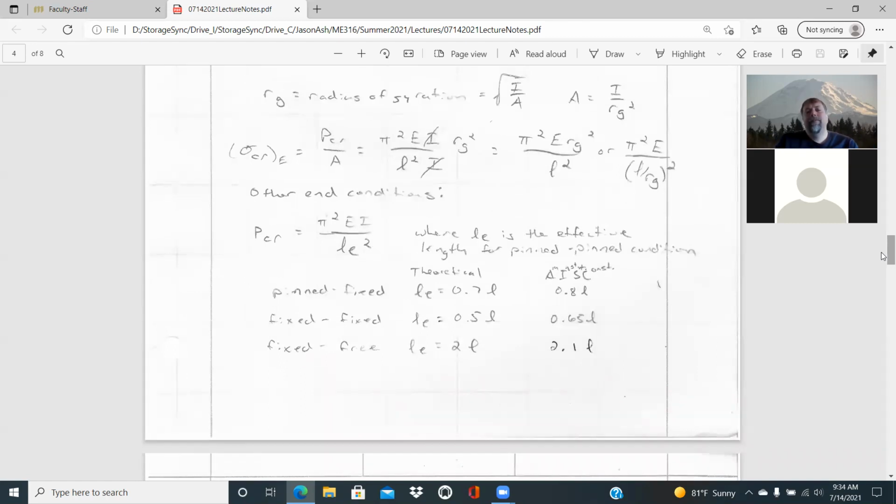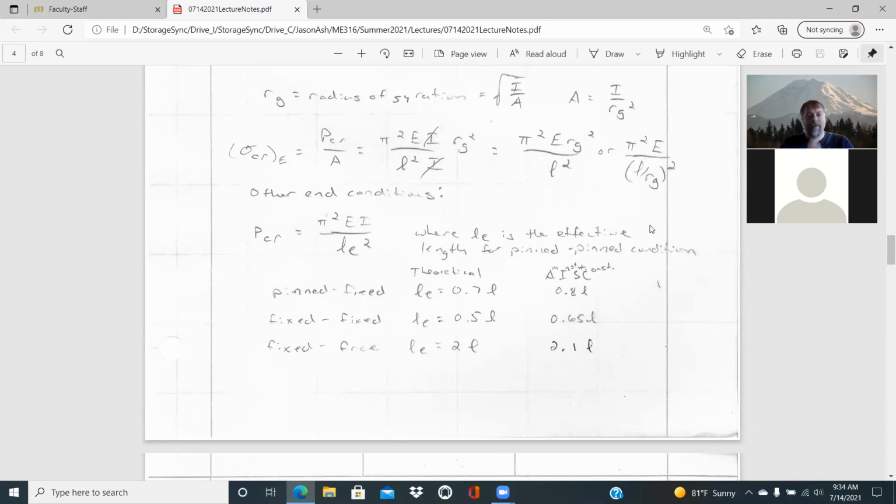What we derived that for was really for the pinned condition, but we could have other end conditions that are sometimes more susceptible or less susceptible to buckling.